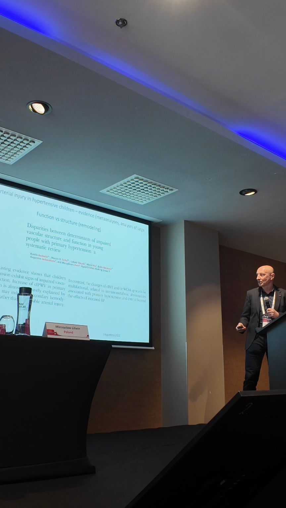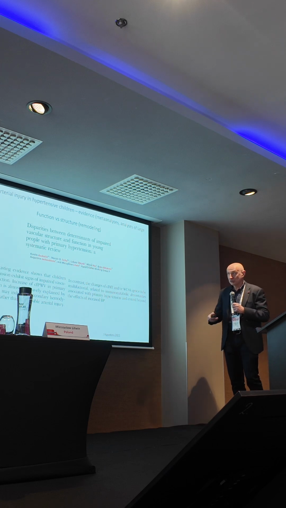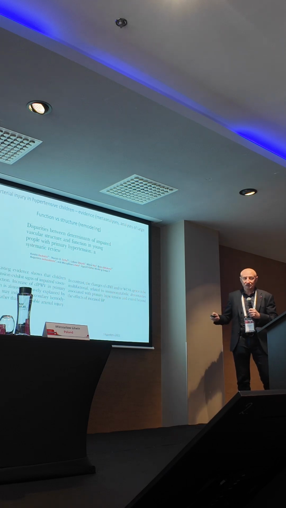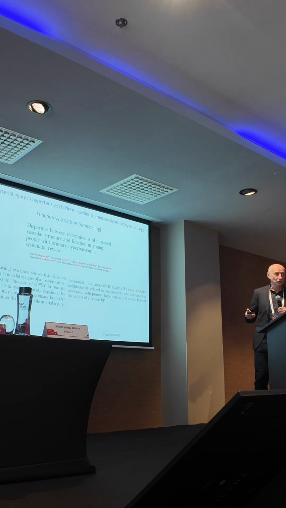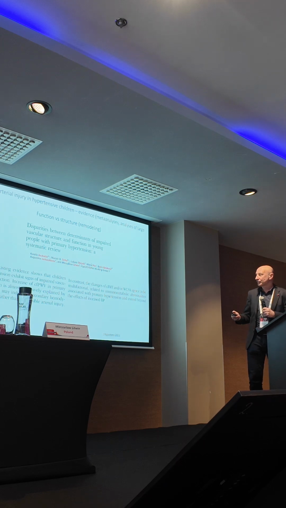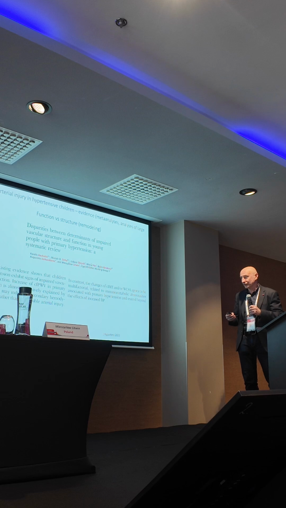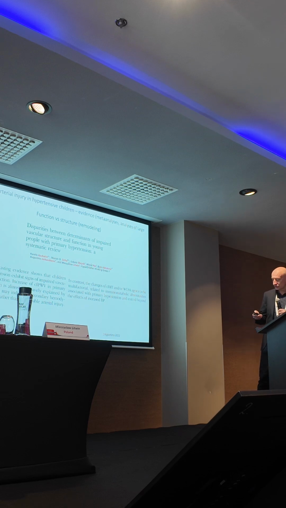What is the difference between the two markers? Here you see the results of our meta-analysis prepared in the HyperChildNET working group a few years ago, and we found that there are two different factors which cause arterial damage.